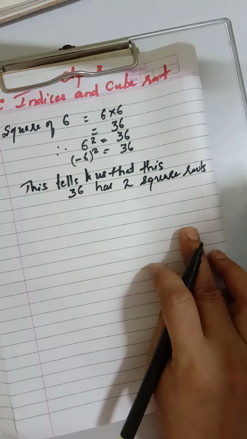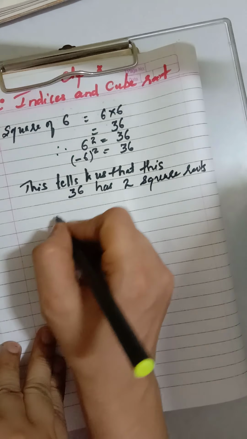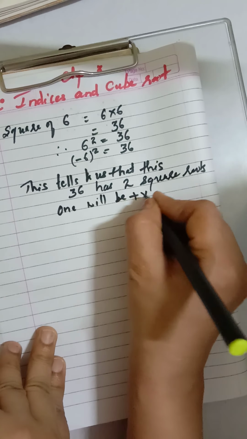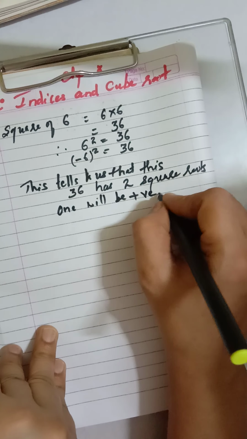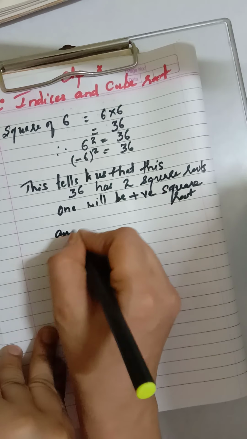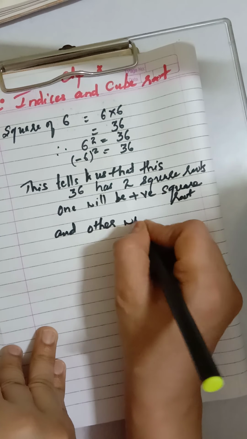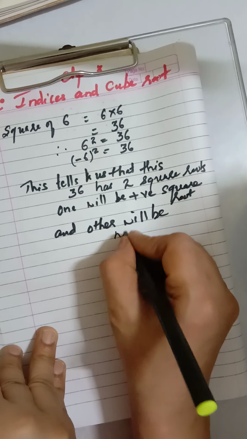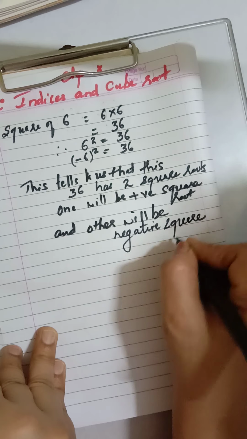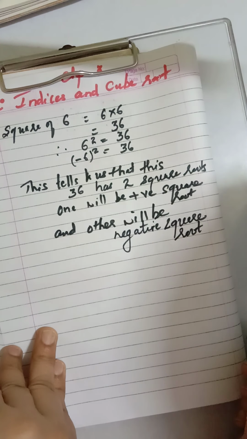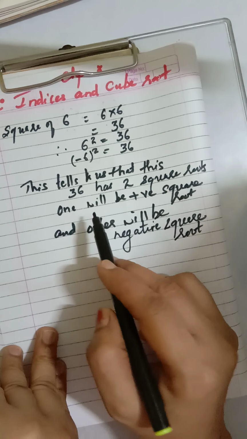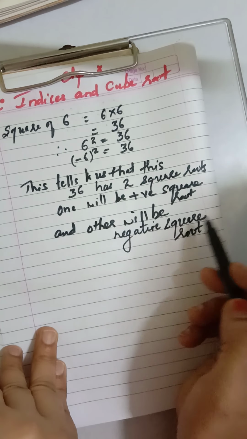One will be the positive square root and the other will be the negative square root. Clear, children? So 36 has two square roots, one positive and the other negative.